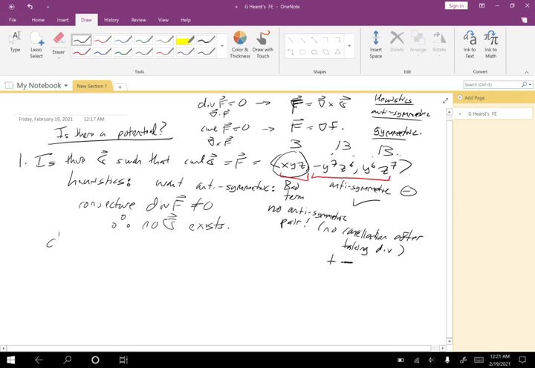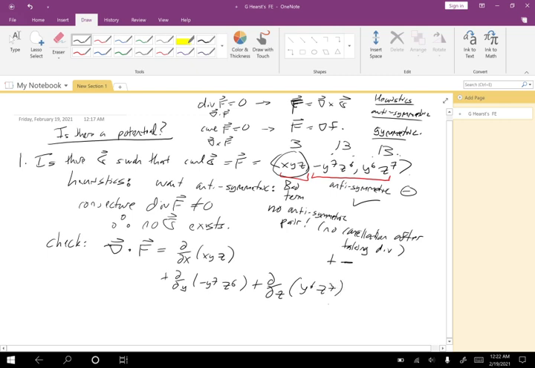So how do we show this? We're going to compute the divergence of f. It's going to be d dx of xyz, plus d dy of minus y to the 7th, z to the 6th, plus d dz of y to the 6th, z to the 7th. Let's do these good terms first.